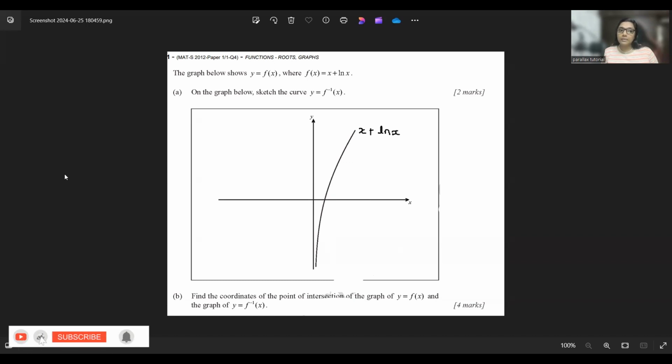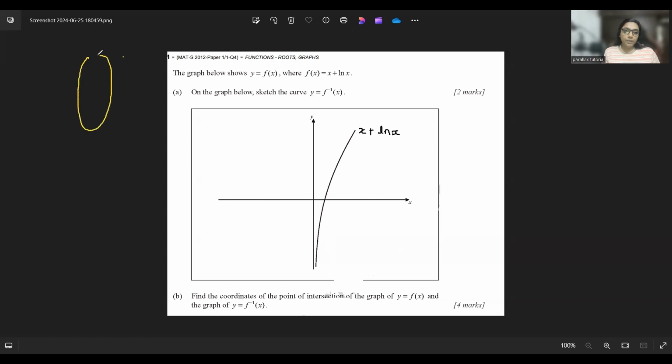Now, before beginning this question, let's have a brief introduction on how inverse of functions really work, right? So we have f of x, okay? Assume this to be a function machine. So there will be some x input values which you will give to this function machine.